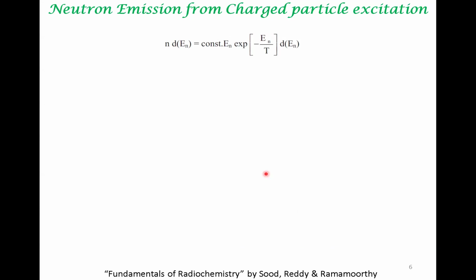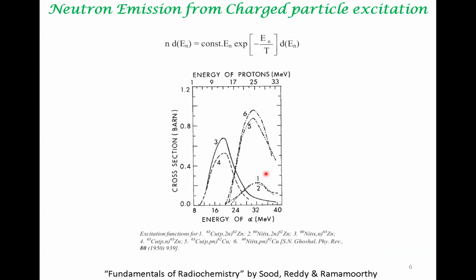Another important feature is that when you use an accelerated charged particle and excite the nucleus, the excitation energy follows a particular pattern. What we are measuring here is the number of neutrons emitted at a particular energy. And why are they emitted? Because they've been excited by a charged particle. What you see here is something like a Maxwell-Boltzmann equilibrium distribution.